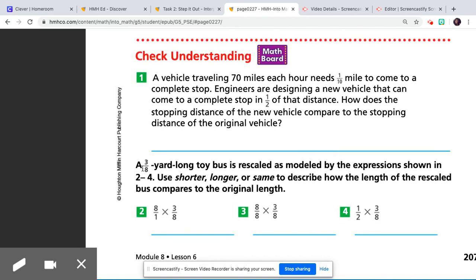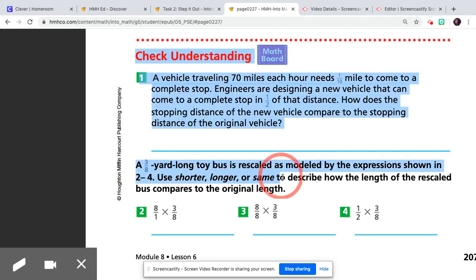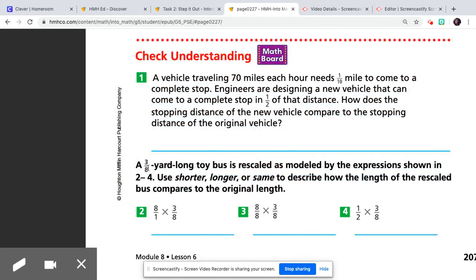For the next part, from numbers 2, 3, and 4, watch the directions right here. Okay? It says a 3/8 yard long toy bus is rescaled as modeled by the following expressions shown in numbers 2 to 4. Use shorter, longer, or same to describe how the length of the rescaled bus compares to the original length.